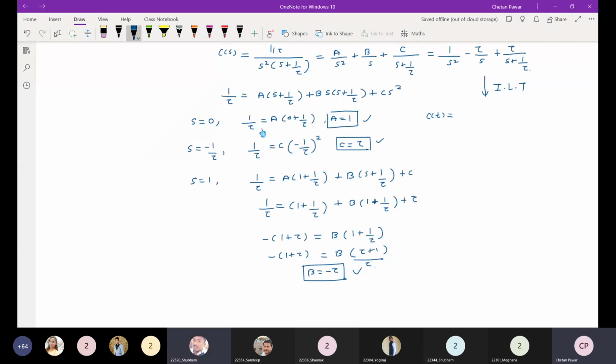It is t into u(t), minus tau into u(t). Tau is a constant only, no? Plus tau into e raised to minus t by tau into u(t). Right? So this is the ramp response.